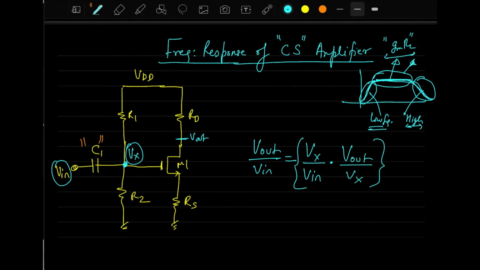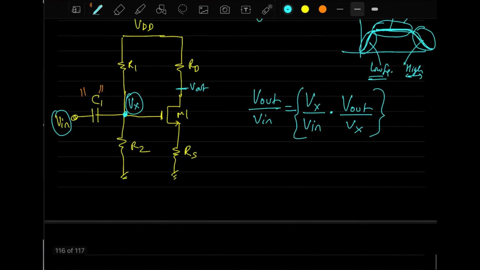If you do it like this, the Vx and Vx will cancel out, and then you will get Vout by Vin. So what we can do is calculate these individual gains separately. So let's do that.